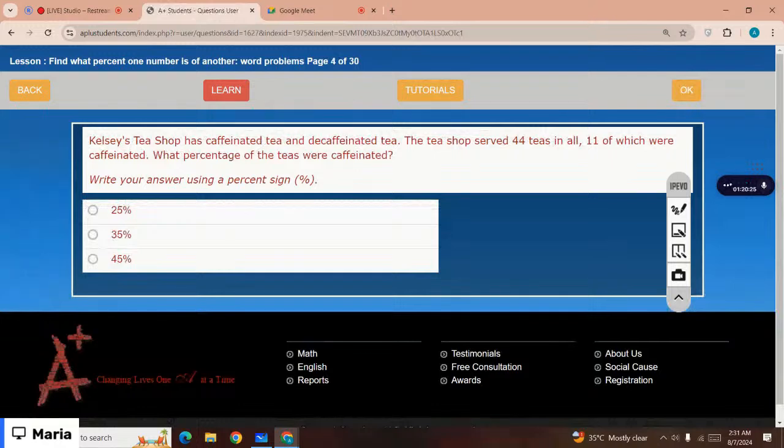Kelsey's tea shop has caffeinated tea and decaffeinated tea. The tea shop served 44 teas in all, 11 of which were caffeinated.